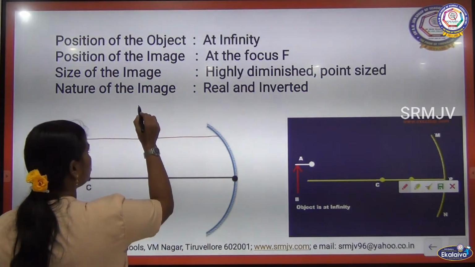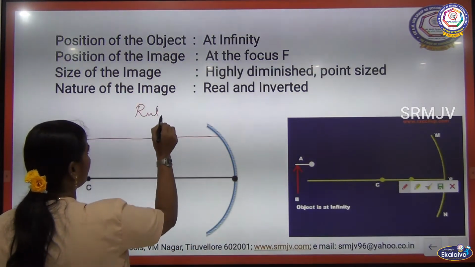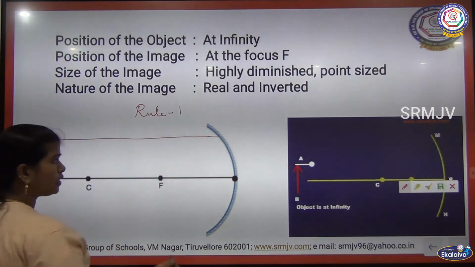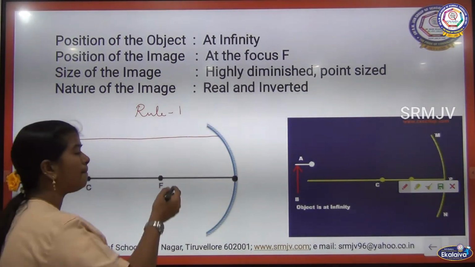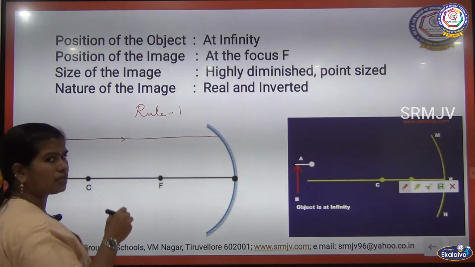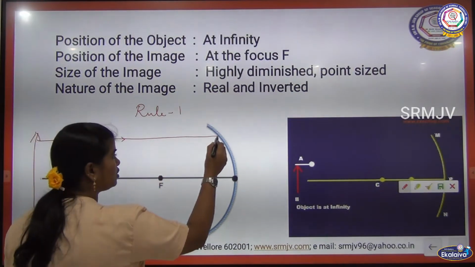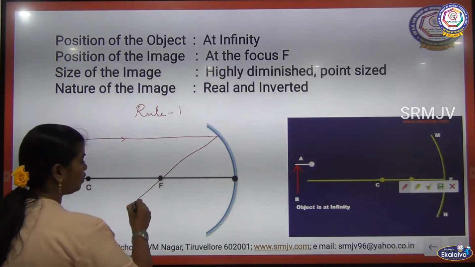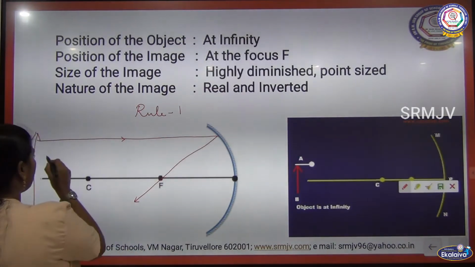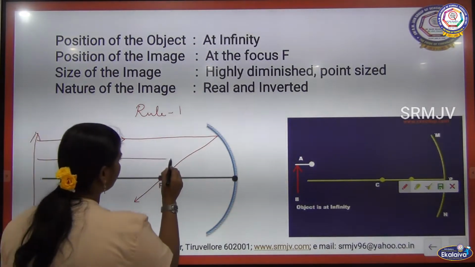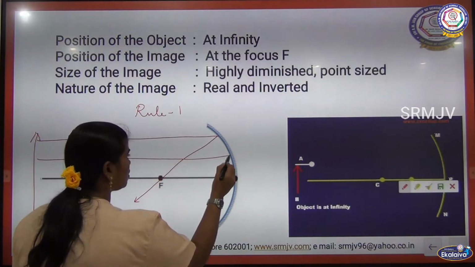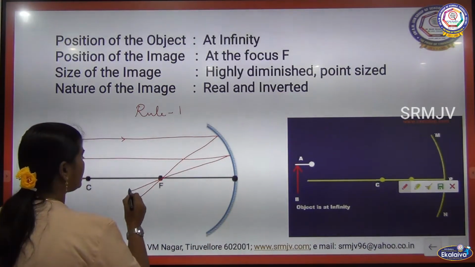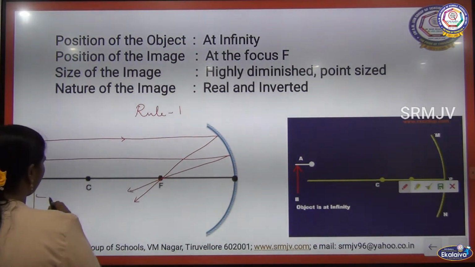You are supposed to remember rule 1. Rule 1 states that if a ray is parallel to the principal axis, after reflection it will pass through the focus. So let me draw a few rays. All those rays will pass through the focus.